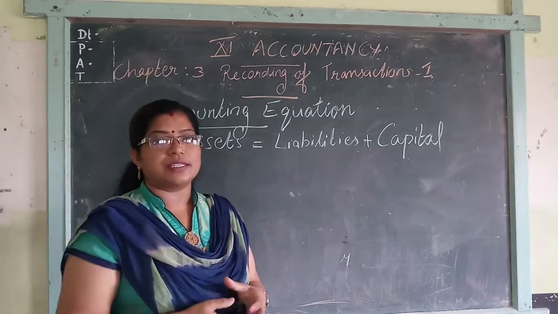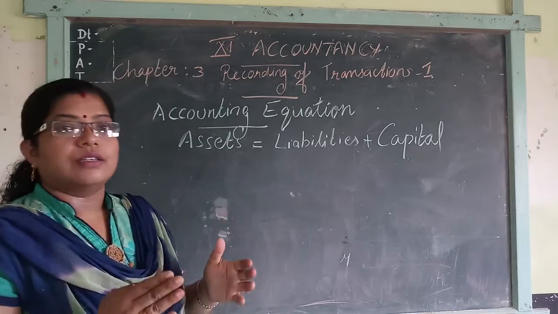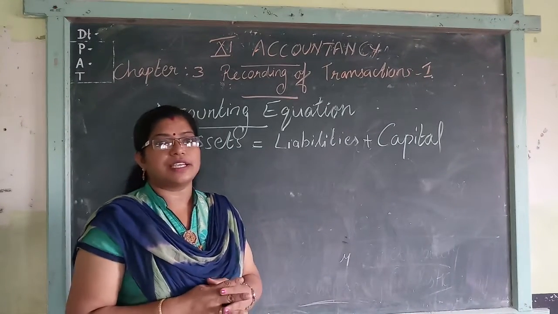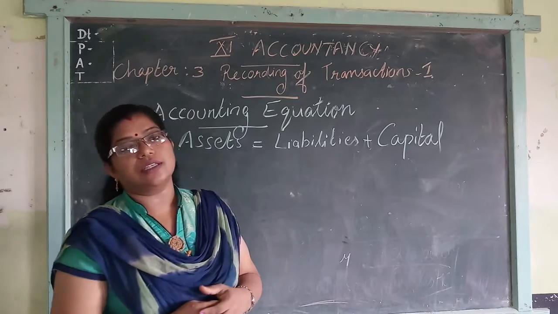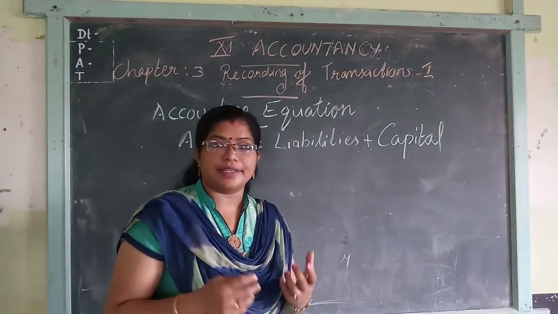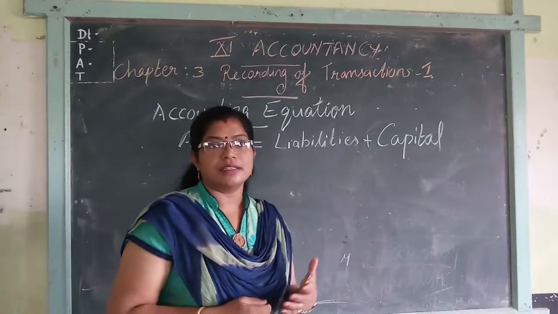Current assets are assets we can use within a period of one year or within the operating cycle. Examples are cash in hand, cash in bank, and debtors. What is the meaning of debtors?